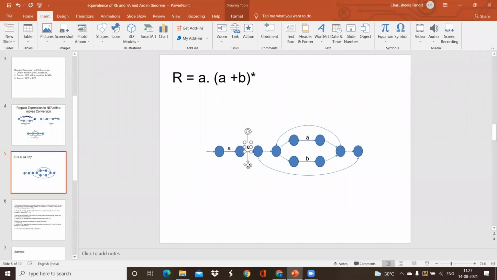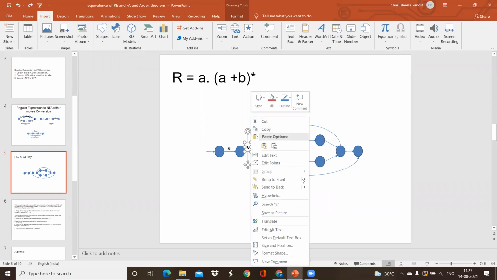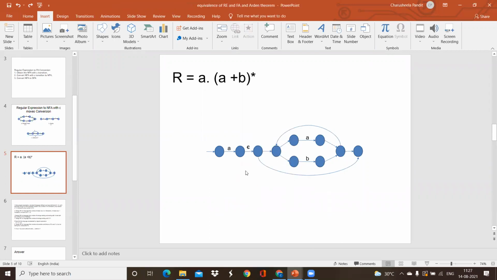Temporarily, I'm using this symbol for epsilon, as we don't have a correct symbol for it.